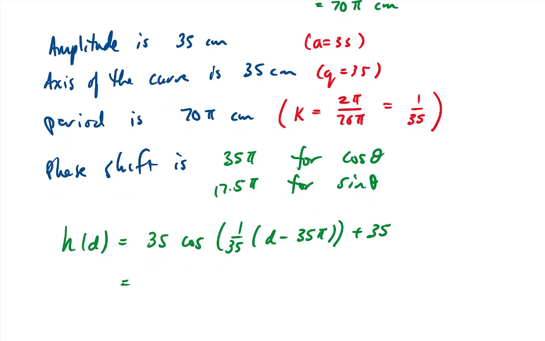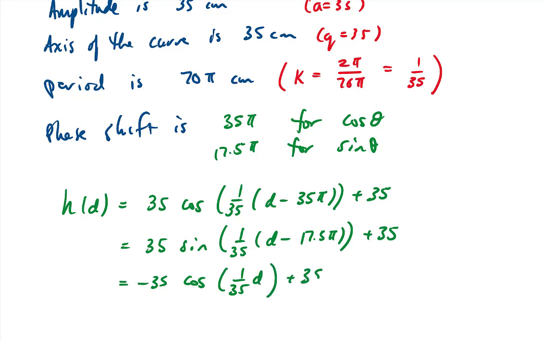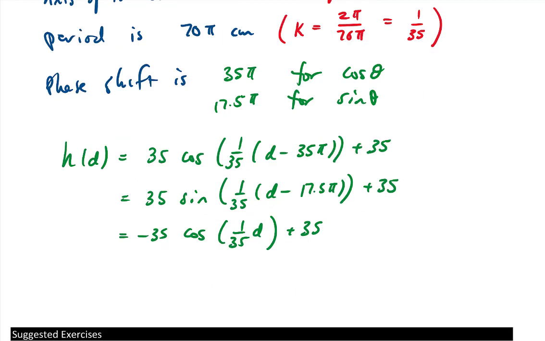Or if we chose sine, that would be 35 sine 1 over 35 d minus 17.5 pi plus 35. And again, we could have chose negative cos, so let's just do that. If I chose negative cos, that would be negative 35 cos 1 over 35 d. There's no phase shift for negative cos plus 35. So you see there are multiple equations that we can end up with.